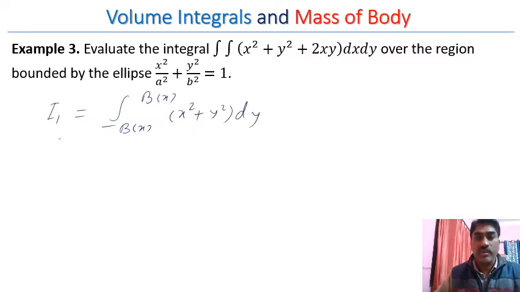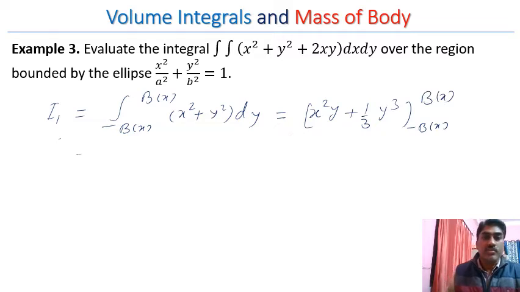This is the inner part. So we will get x square y plus 1 by 3 y cube, with limits from minus bx to plus bx. We get x square, and y and y cube are both odd functions, so putting in the limits in the first part, b minus minus b is 2b, so this is twice bx.